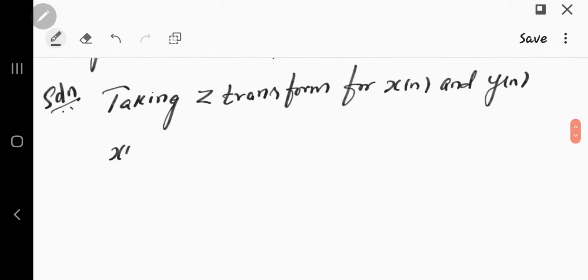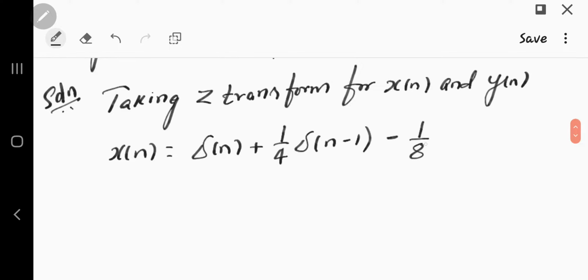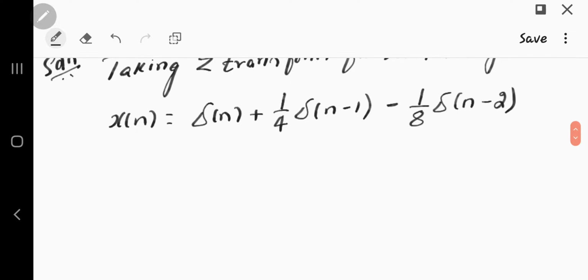The given x of n is equal to delta n plus 1 by 4 delta n minus 1 minus 1 by 8 delta n minus 2. If you take the z transform, the z transform of x of n is x of z. The z transform of delta n is 1, and delta n minus 1 is a time shifted version of delta n.